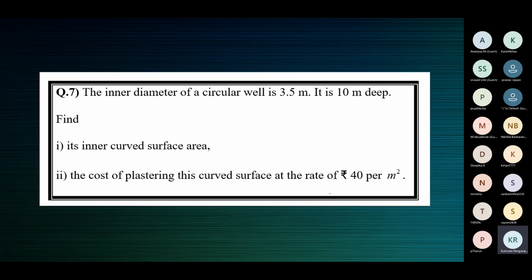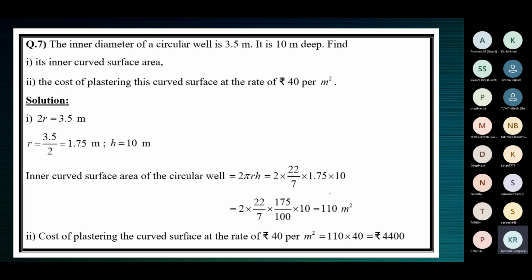What about the cost of plastering? It's 110 into 40, which is equal to 4,400. Yes, Pratiksha. 110 into 40, which is 4,400. Both of you gave the correct answer, 110 meters square.